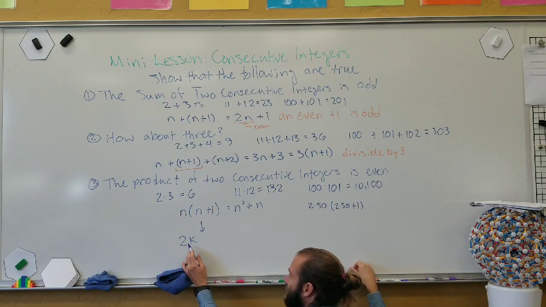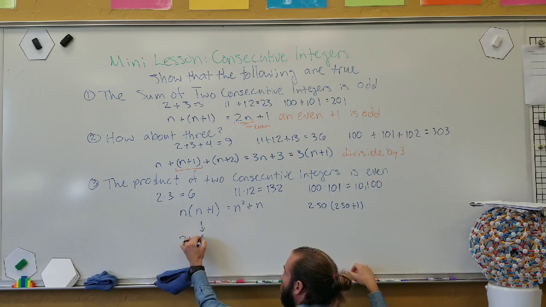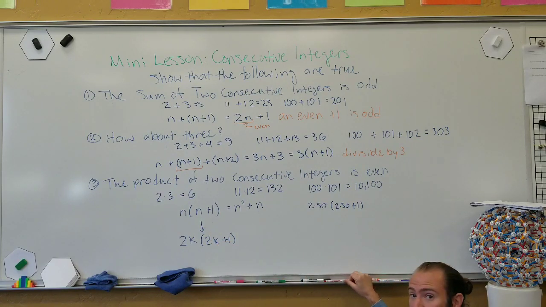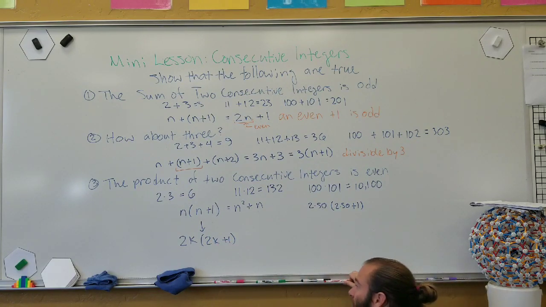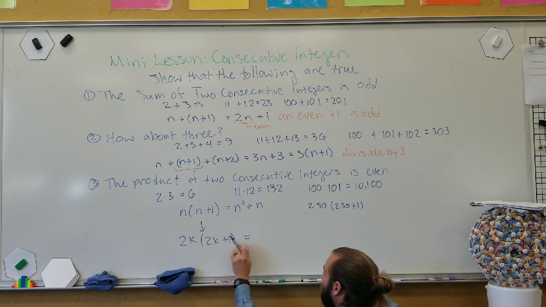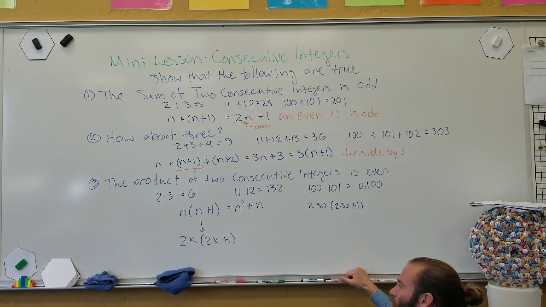So if n is the even one, let's say, and we could say either one's the even one, but it's easier to say this one, well then this is the same as saying 2k plus 1, right? So we haven't lost any ground here. Now if I distribute this, well, in fact, I don't even need to distribute this anymore. I think I can be done, because watch.